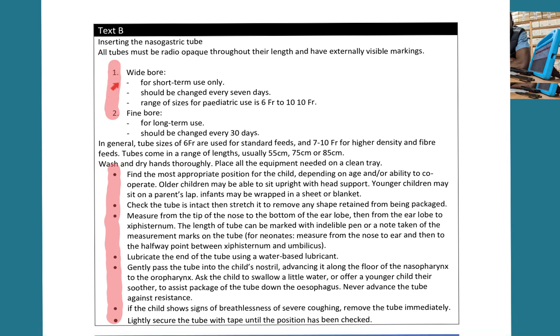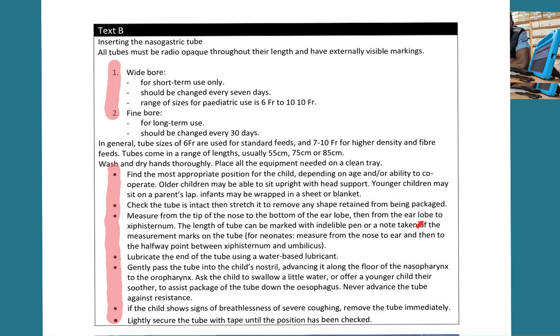In text B, when you go down to the procedure, because we are doing calculation, we look for the information. And over here, when you skim quickly, you can learn from here. Measure from the tip of the nose to the bottom of the earlobe.